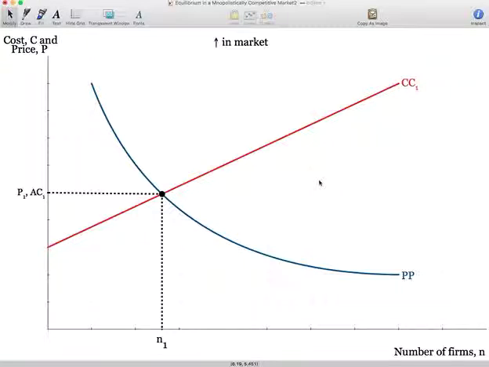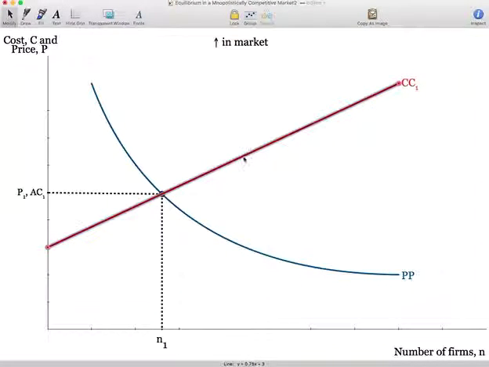So that is going to be our initial equilibrium. An increase in the market. What's going to happen when we increase the market? We're going to be increasing the market share of the individual firms in that particular market. So they are going to have an increase in sales due to the increase in the market, and that is going to cause them to have lower average cost than that is represented by CC1.